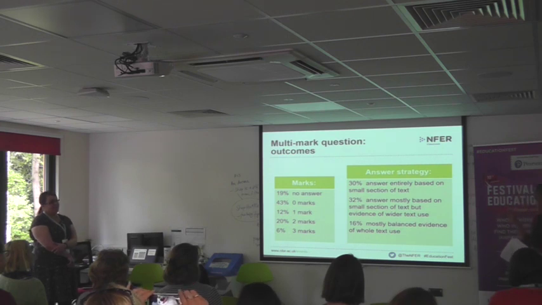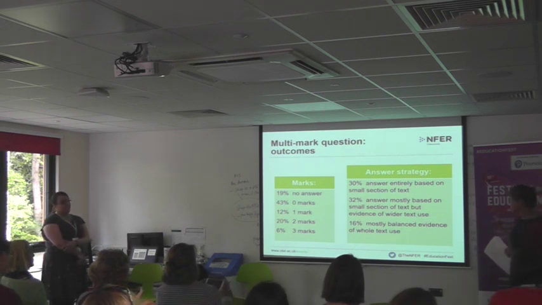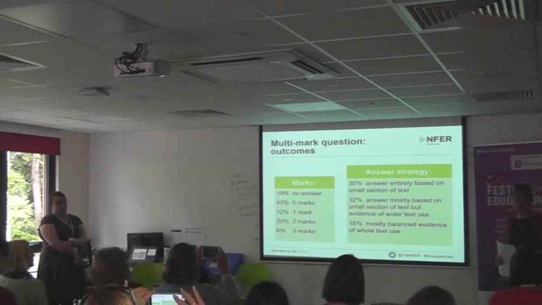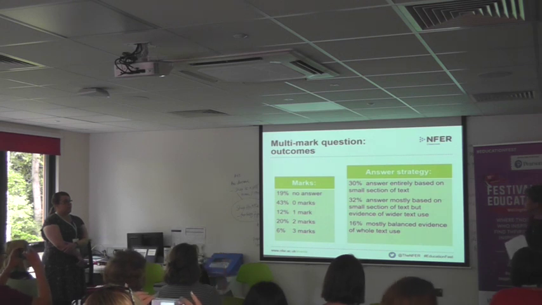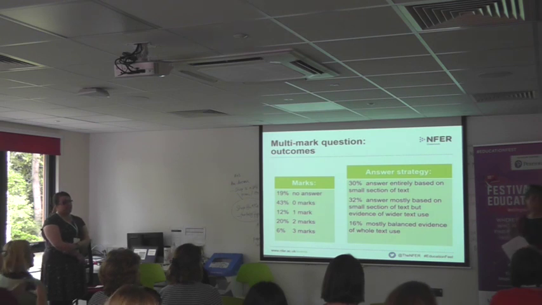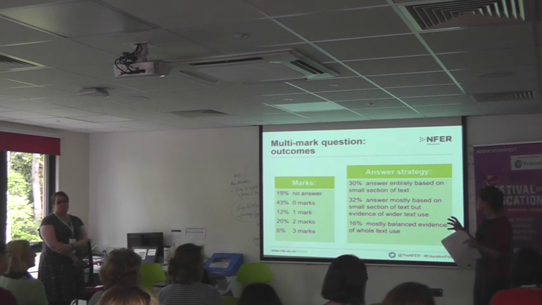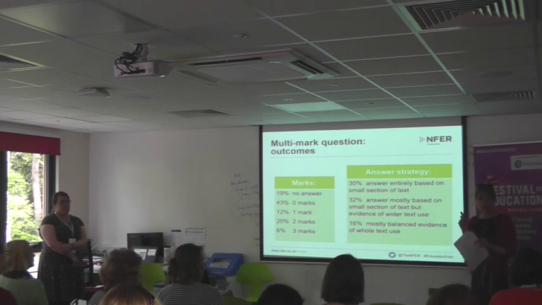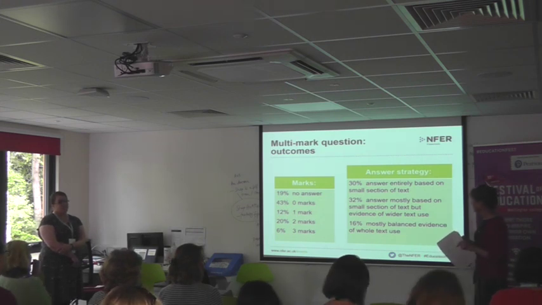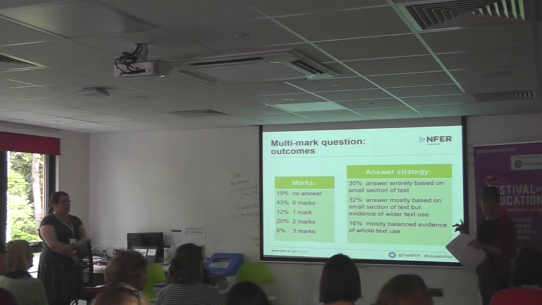Right, so as you know from the previous slide, one of the things we looked at was the strategy that children adopted in answering the question. So 30% of them, about a third of children, based their answer entirely on a very restricted part of the text. They found some fact or aspect of the text, latched onto it, and based their whole answer on that one restricted aspect. 16% of them did precisely the opposite.